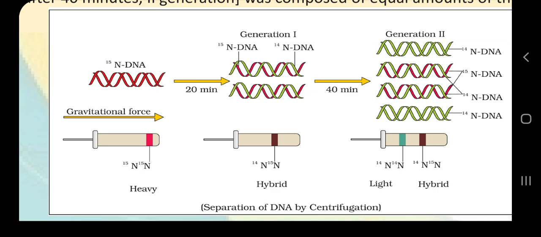One nitrogen has an atomic mass of 14 and another has 15, so anybody can assume that N15 will be heavy and N14 will be light.